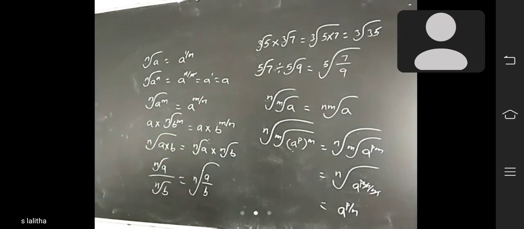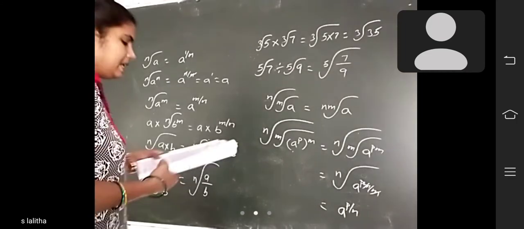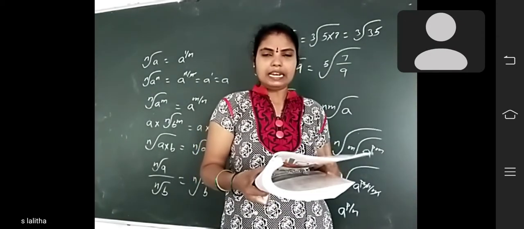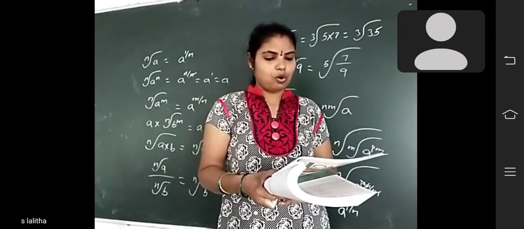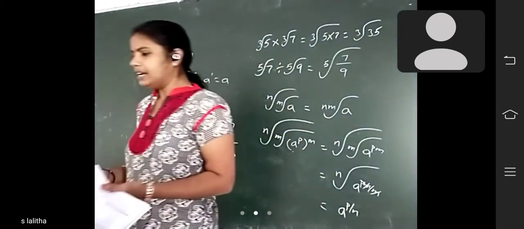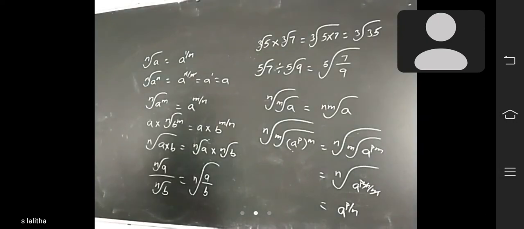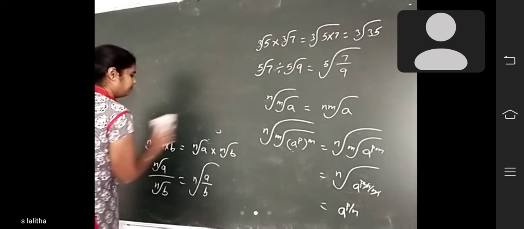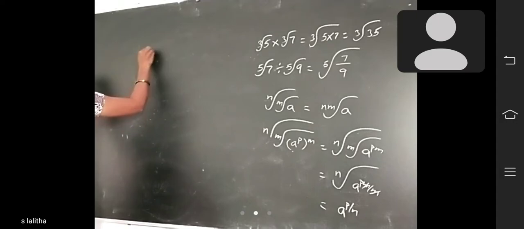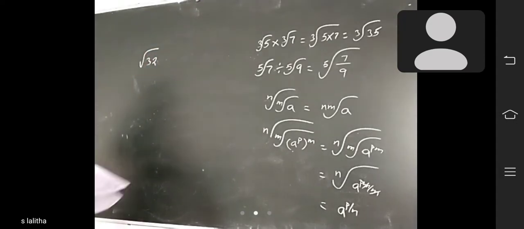Next, standard form of a surd, or simplest form of a surd. A surd expressed in the form of a, nth root of b, where b is the least positive rational number, is called the simplest form of the given surd. So how can you write standard form or simplest form of a surd? Square root of 32 is there. How can you write square root of 32?